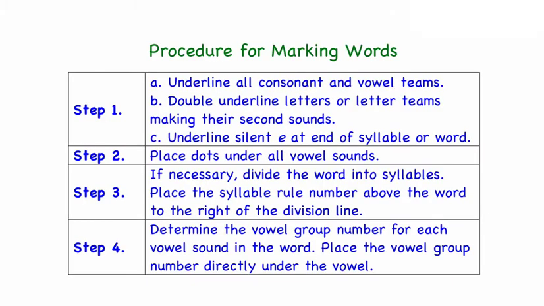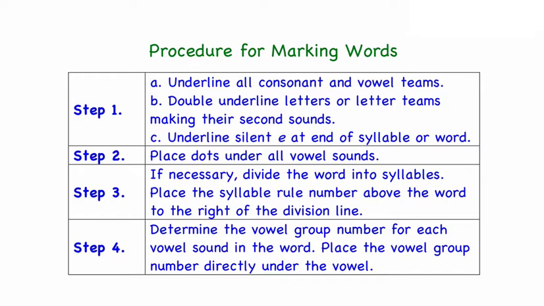This is the procedure we use to mark words. First of all, we underline all consonant and vowel teams. If a letter or letter team represents its second sound, we double underline that letter or letter team. If a word has a silent E in it, we underline that silent E. That's the first step. The second step is we place dots under all vowel sounds to identify those vowel sounds.